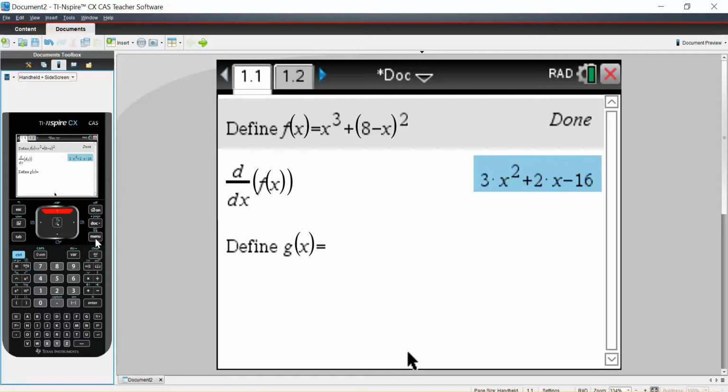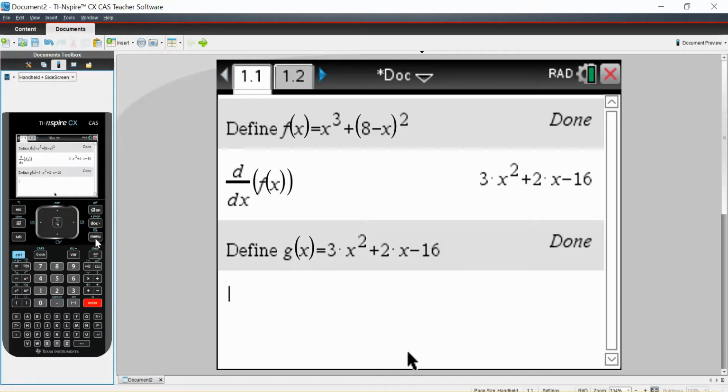You can call it whichever you want. I'm just going to move the cursor up to 3x squared. So define g of x equals, highlight the derivative, and press enter. Why did I do that? Because now f of x represents the original function and g of x represents the derivative.